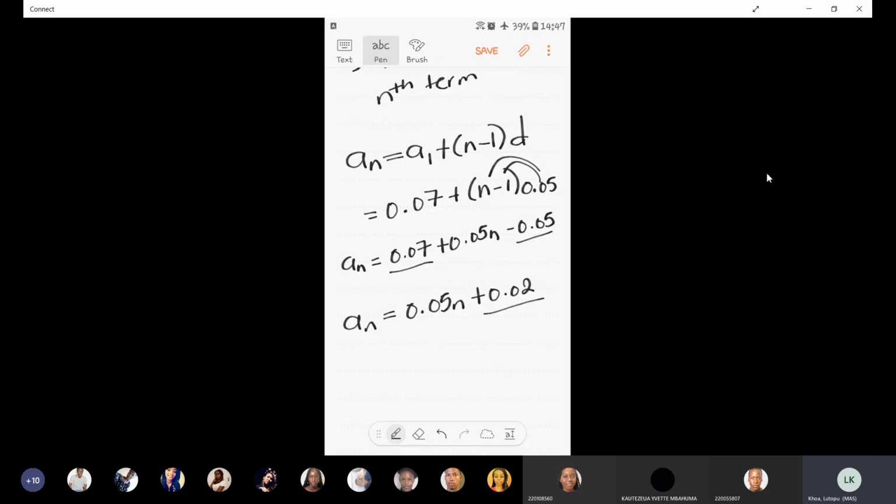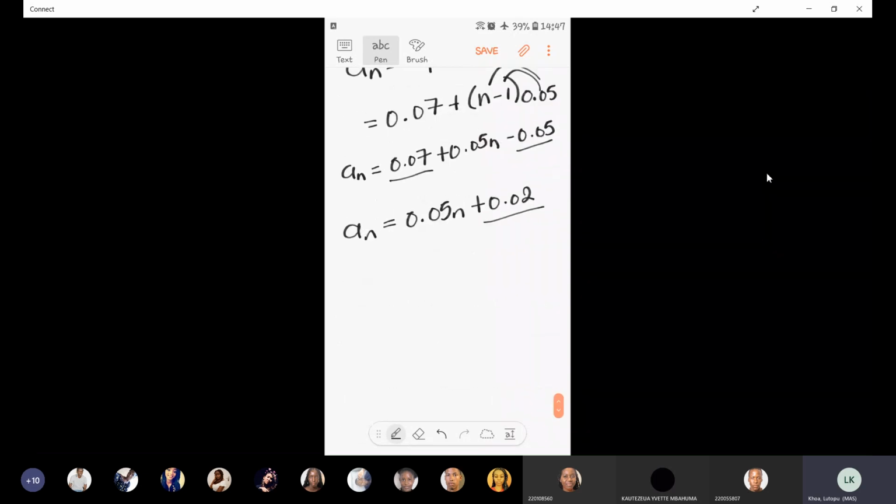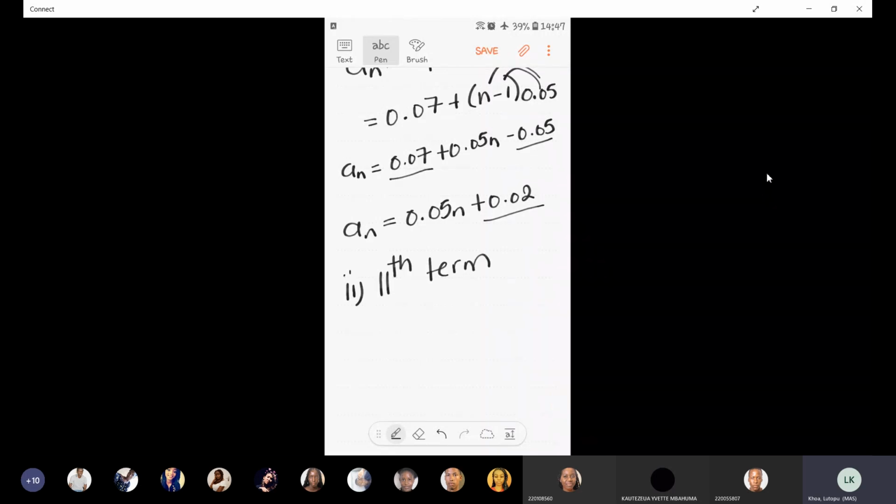Find the formula for the nth term. Then the second part of the question, number 2, was to find the 11th term. So I'm looking for a sub 11. So everywhere I have n, I am going to substitute 11 and simplify that to get my answer.